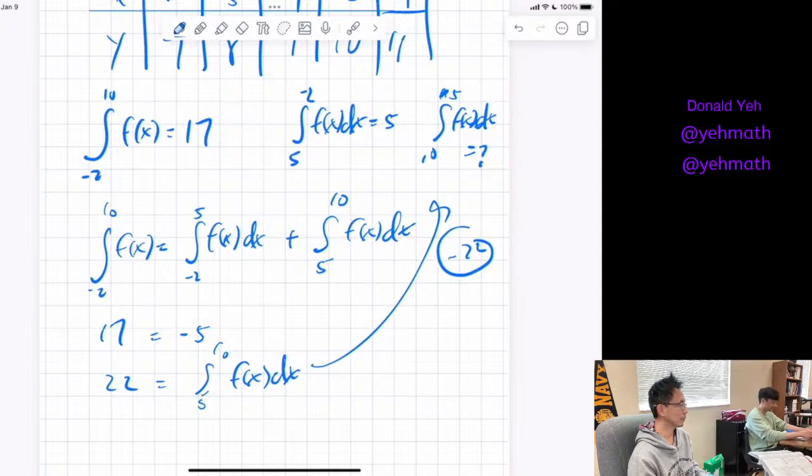Paper and pencil is more reliable. I'm going to mark it wrong. It doesn't matter if you have 22 or negative 22. I'm only looking at the right answer. On your AP exam, you have to be very precise.